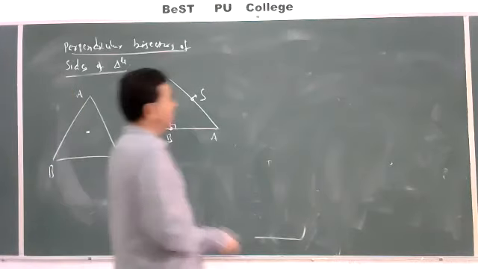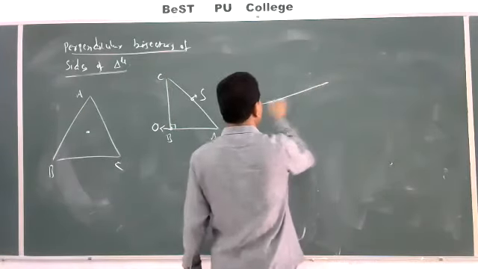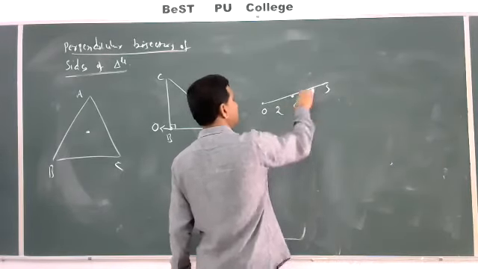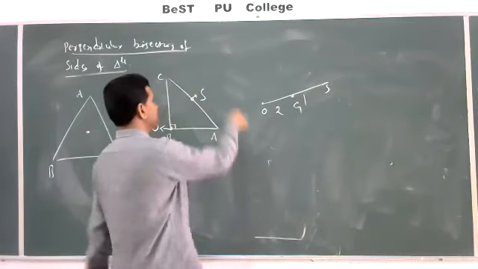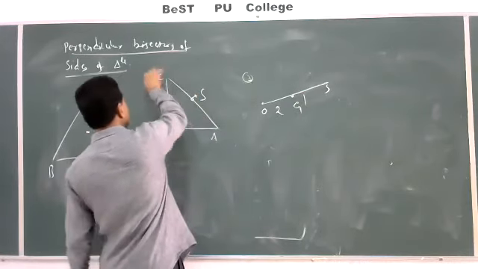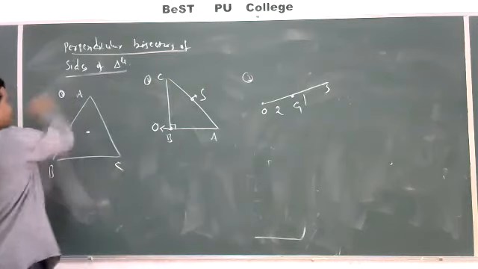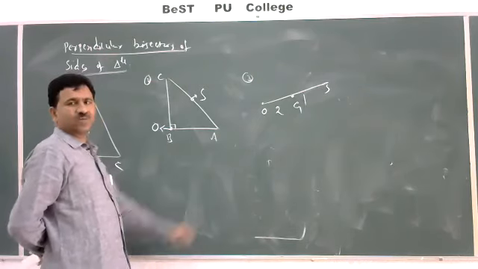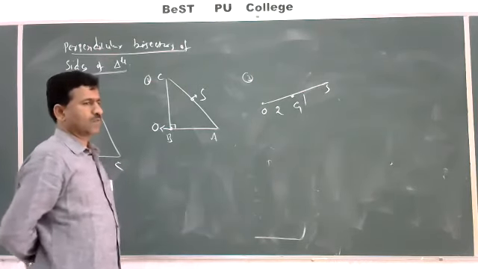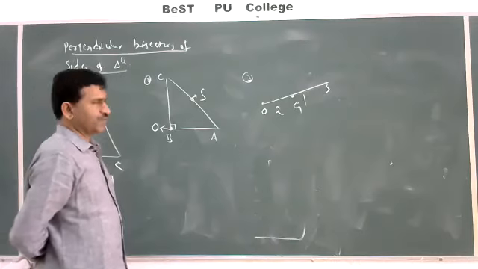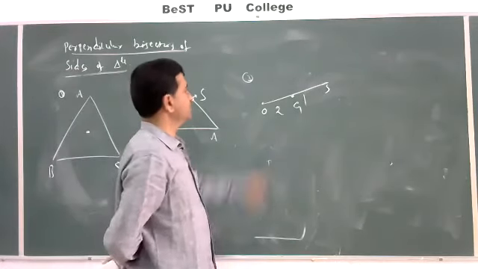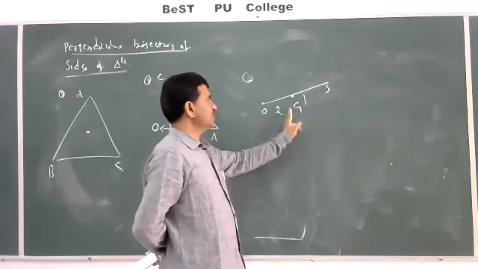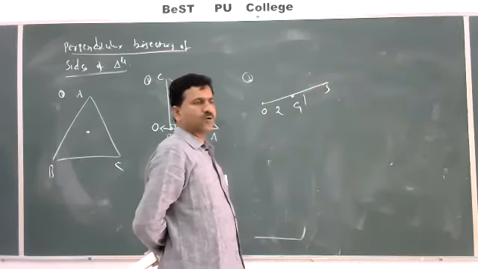And listen to me. In any triangle, these three are collinear generally. G divides OS in the ratio 2:1. Next important point, third point. These three are very useful to you in JEE Mains, even in vectors and in applications in 3D.